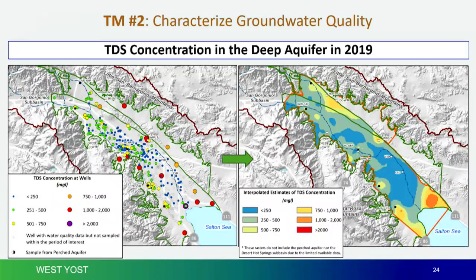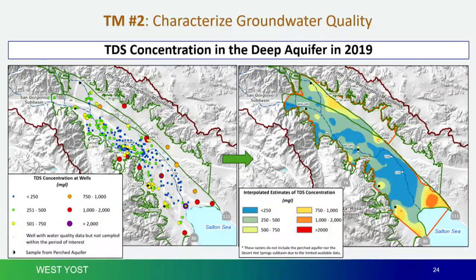An example of one, we've got many of these maps in this technical memorandum, but what we're showing here on this map on the left-hand side is the actual measured data that we use to characterize TDS concentrations in this example. So the color coding of the dots, each dot represents a well where we had some data on TDS concentrations.